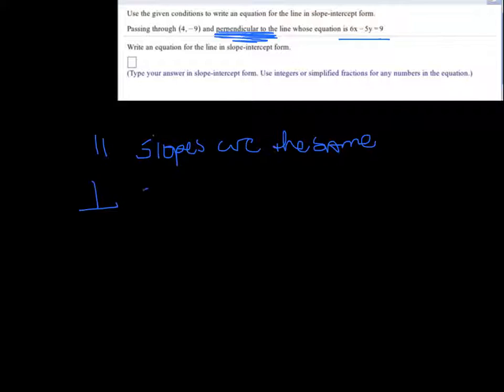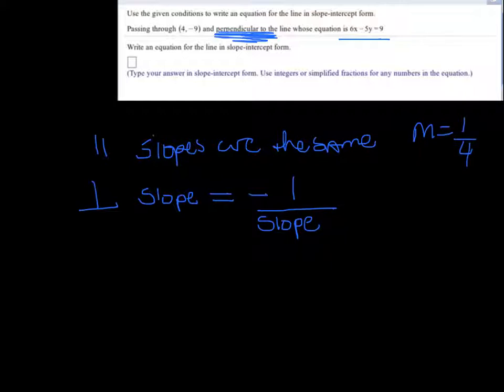One slope is the negative reciprocal of the other. So, for example, if one line's slope is 1/4, and the second line is perpendicular to it, then the slope of the other line is going to be negative 4, because it's the negative reciprocal.